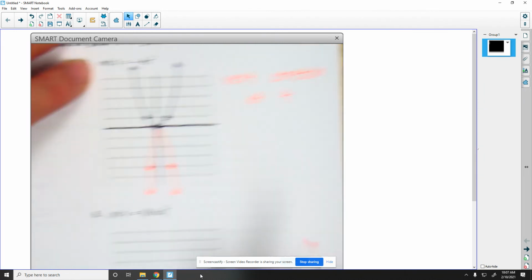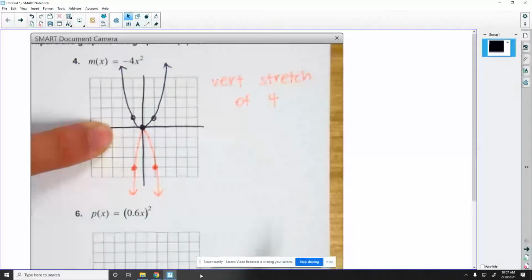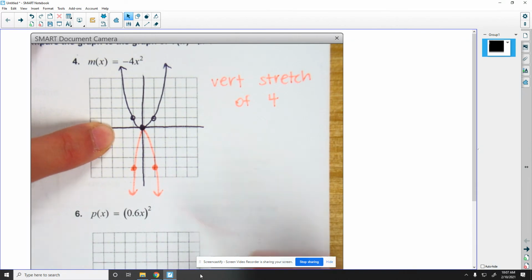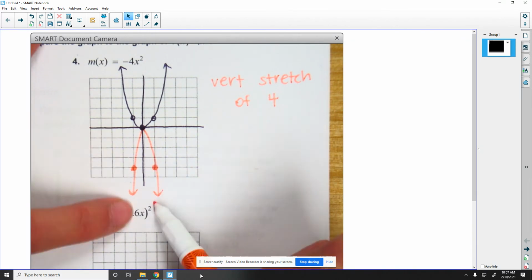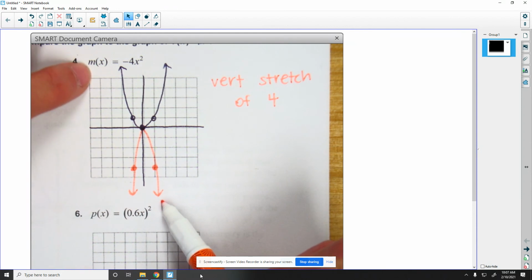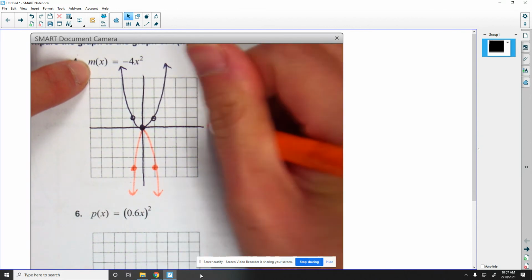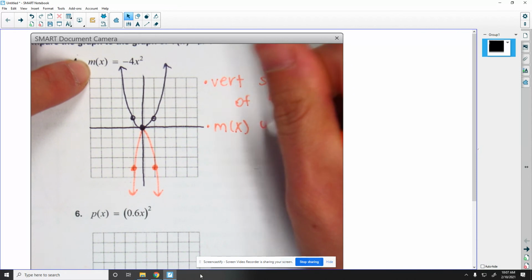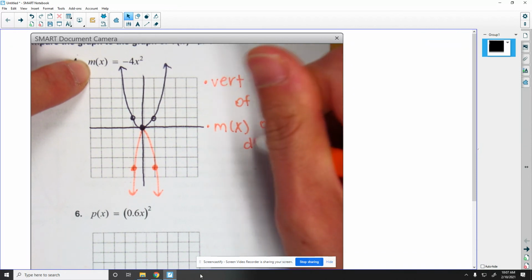Okay, the next thing we talked about was the opening, right? Both of these opened up. Do both of these open up? No, the orange one opens down, right? So I can say the orange one is m of x. So I would say m of x opens down.